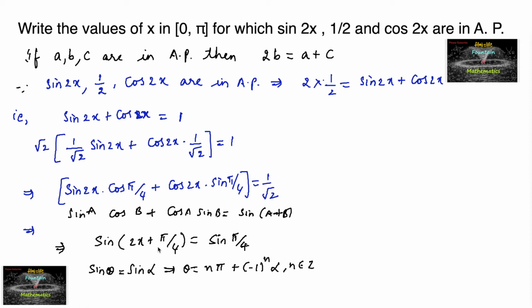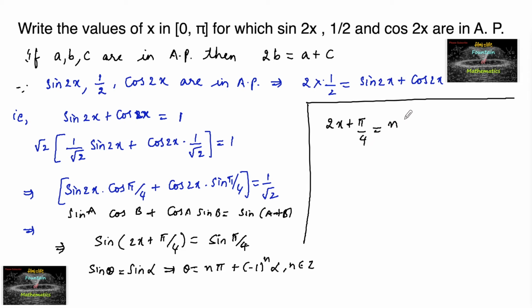So here theta is 2x plus pi by 4, so 2x plus pi by 4 equals n pi plus (minus 1) whole power n into alpha. Alpha can be taken as pi by 4.